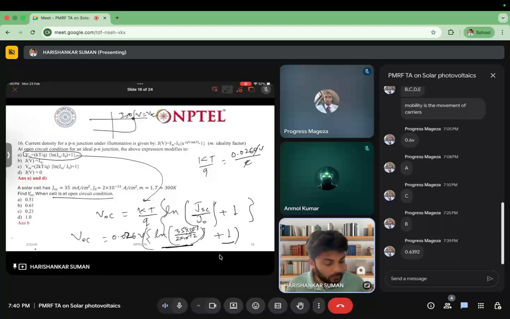Here approximation may be applied. Multiply by 0.026.